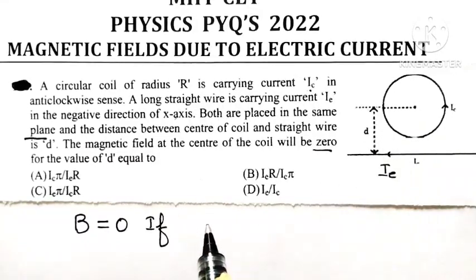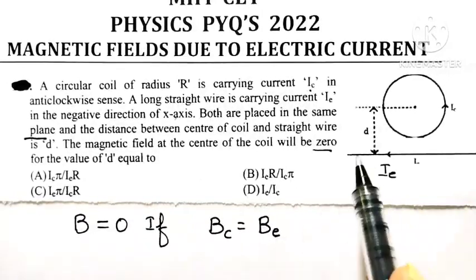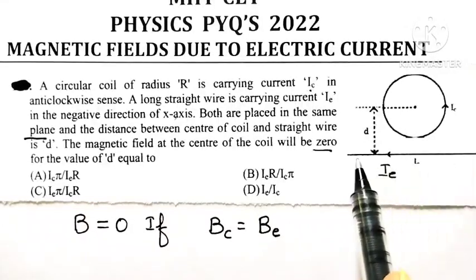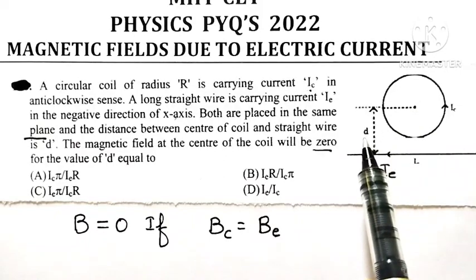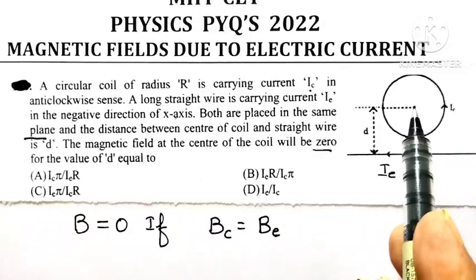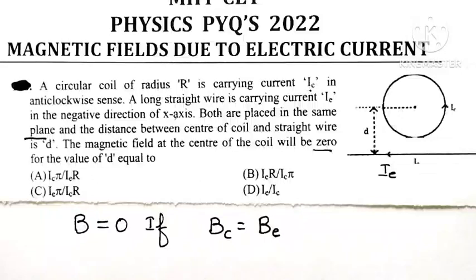Means BC is equal to BE, where BE represents the magnetic field produced by this straight conductor at the center of the coil, which is situated at a distance D, and BC represents the magnetic field at the center of the current carrying coil due to current IC flowing through it.